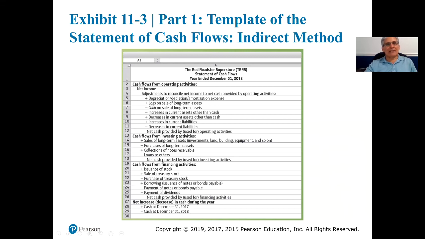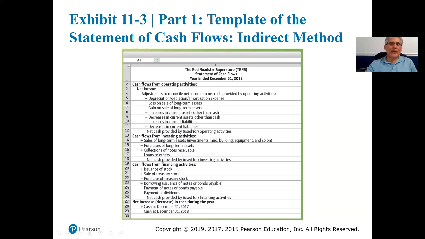We're going to add back any loss on the sale of long-term assets. We're going to subtract any gain on the sale of long-term assets. We're going to subtract any increase in current assets other than cash. We're going to add decreases in current assets other than cash. We're going to add increases in current liabilities, and we're going to subtract decreases in current liabilities.